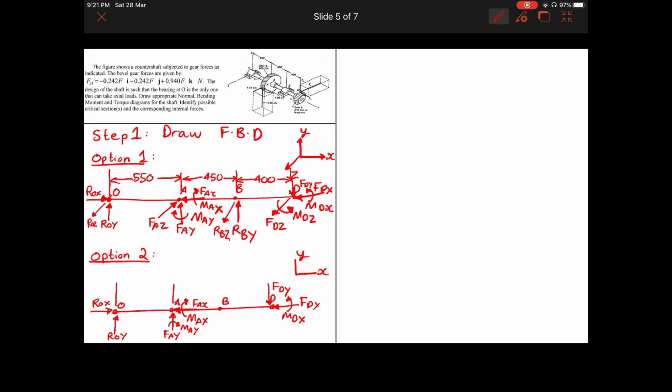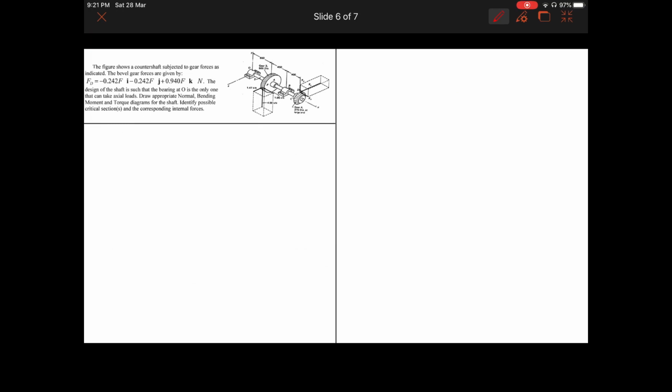So now this free body diagram looks less complex. The last part would be to mention the distance again. Okay. Now the second free body diagram for option 2 would look similar.